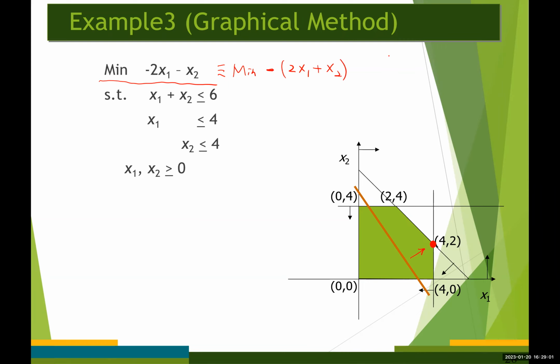So here, this would be exactly the same as maximizing 2x1 plus x2. Is that right? Because minimizing the negative function would be exactly the same as maximizing the positive function. Okay.